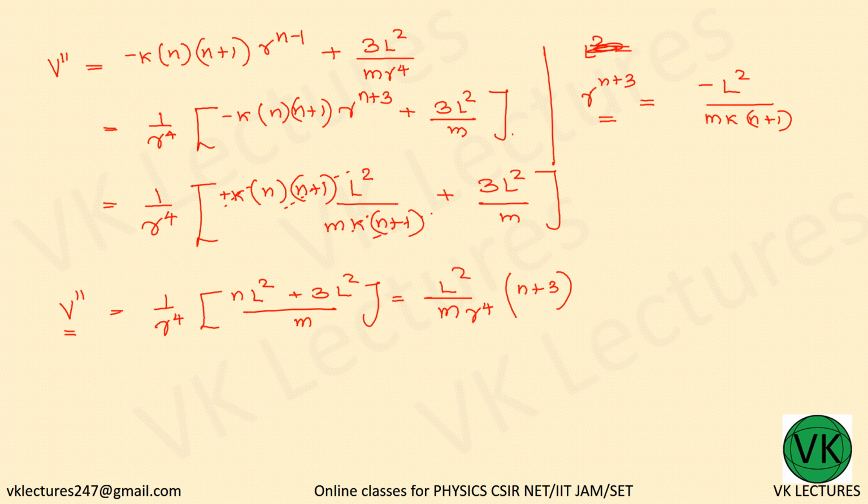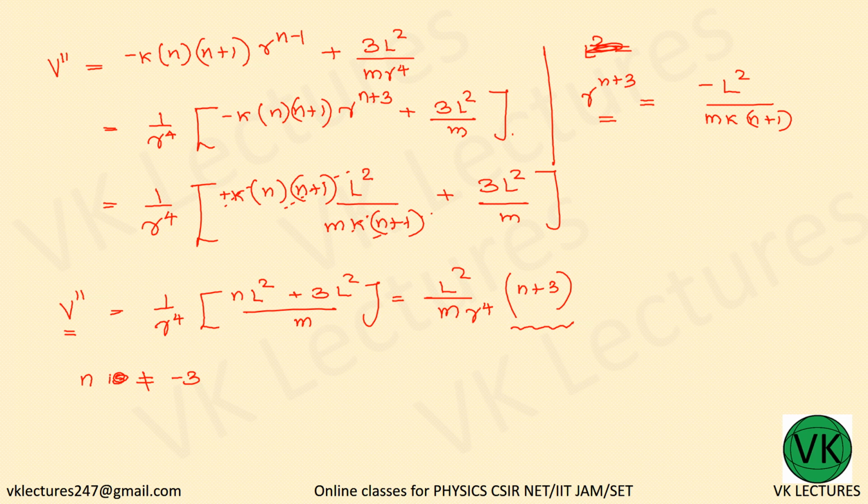So when does this quantity become negative? This quantity becomes negative when n is less than minus 3, and n should not be equal to minus 3.